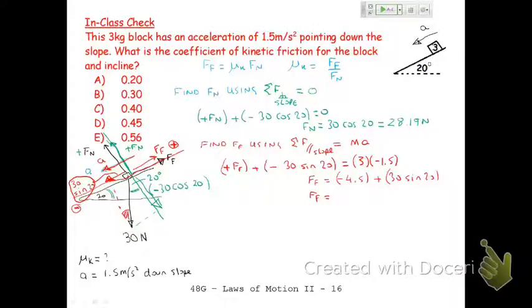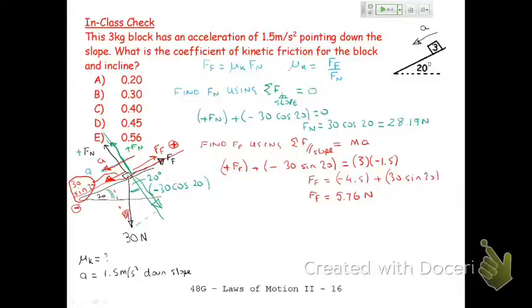I'm trying to use my phone as a calculator, which is never going to work for me. So it's going to be 30 times sine 20, enter, and then I'm going to subtract from that minus 4.5, and I'm getting 5.76. I got a positive 5.76, and that just simply says whatever direction you assumed is right.